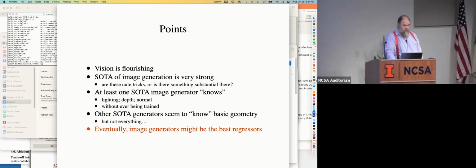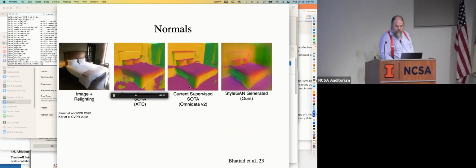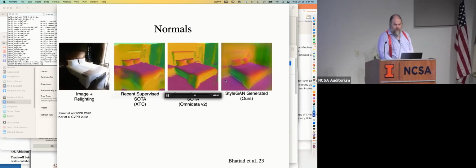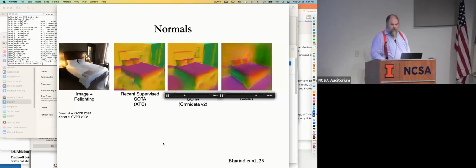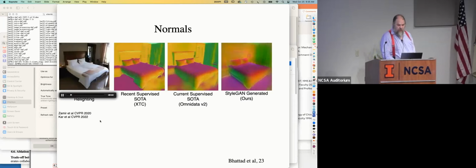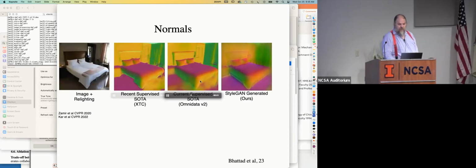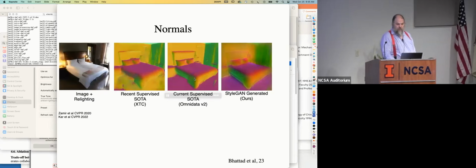The path is a bit rocky, but there is some evidence that you actually get good behavior there. And the reason we've got evidence you get good behavior is here's an image that's lit a whole bunch of different ways. A recent regression SOTA produces these normals. A recent supervised SOTA produces these normals.